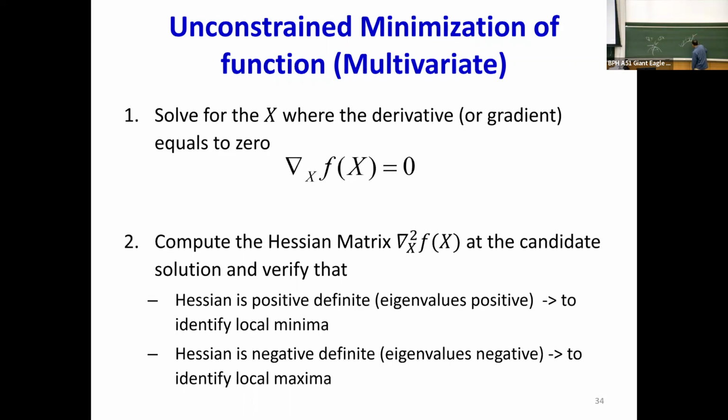But if I walk along this direction, it's a maximum, right? And so you'd have two eigenvalues. One of them is going to be negative and one of them is going to be positive. So if you want a strict minimum, then all of the eigenvalues of the Hessian must be positive. It says that regardless of which direction you're arriving at this location from, it's a minimum, okay?